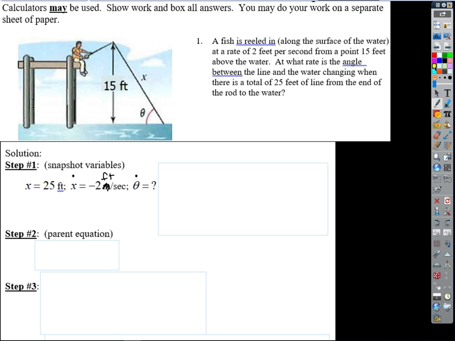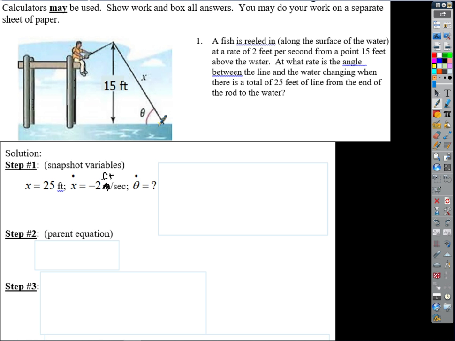Do we want to use tangent? No, we certainly don't want to use tangent. How come? That's another variable there that we don't know anything about, and we'd have to calculate another snapshot variable. Why introduce another variable that we don't need? We're trying to reduce the number of variables down as much as we can every time, right? So certainly we don't want to do that.